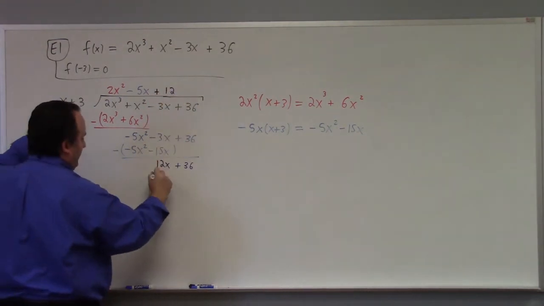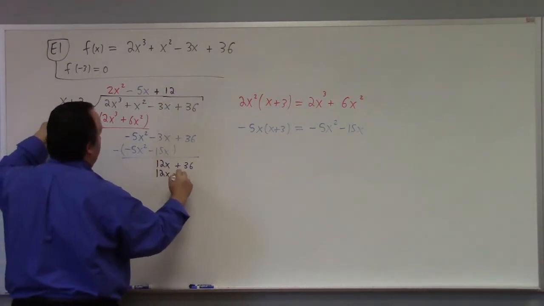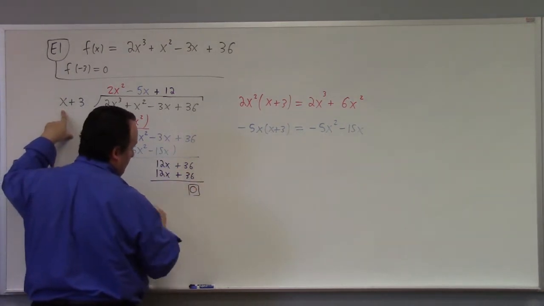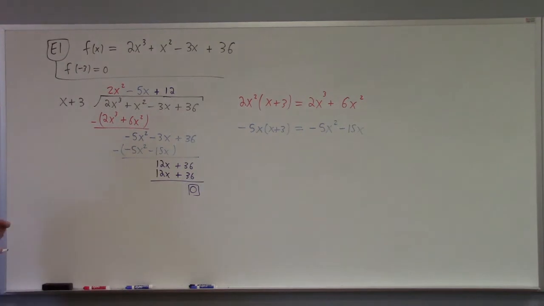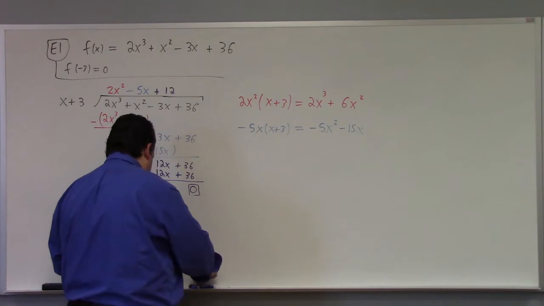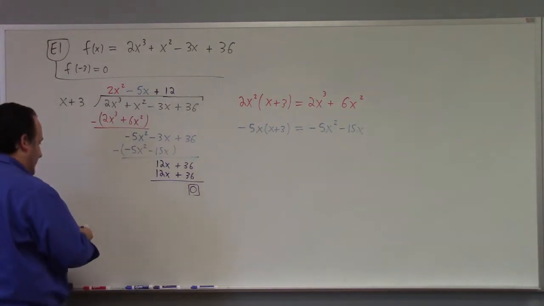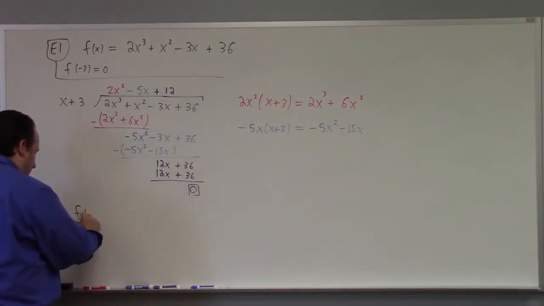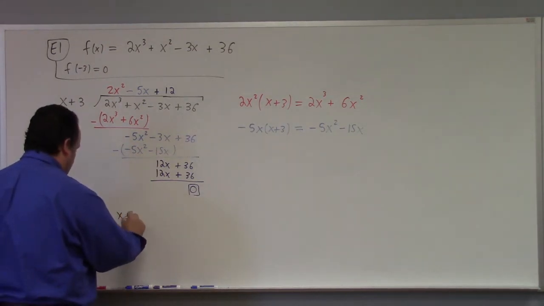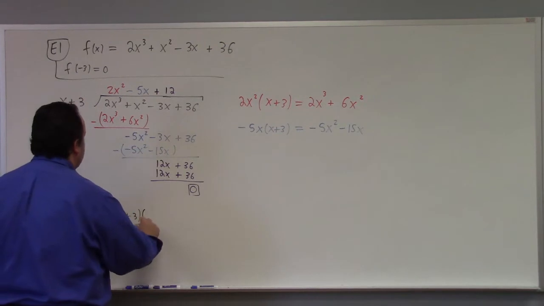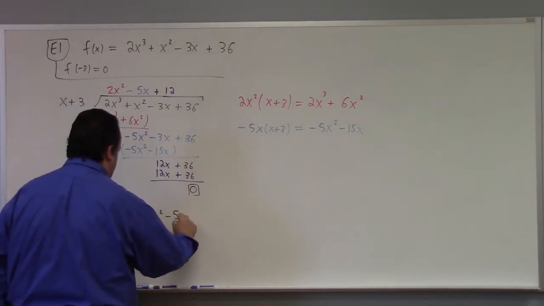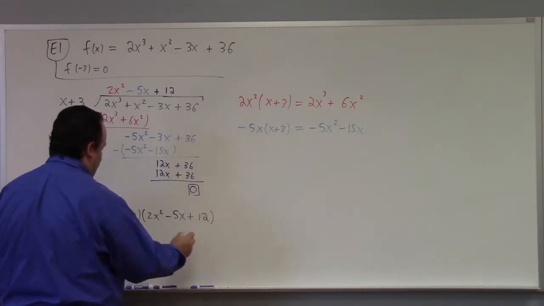So then I have 12x plus 36. The remainder is 0, as it ought to be. And so what do we find from all this? We find that f of x is equal to x plus 3 times 2x squared minus 5x plus 12.